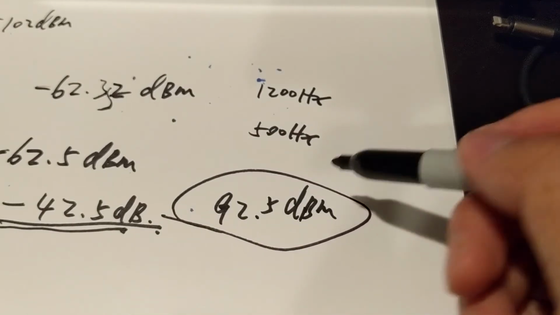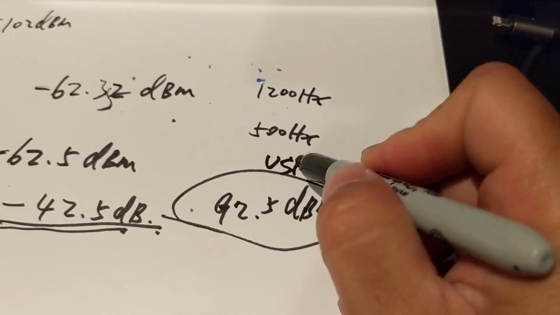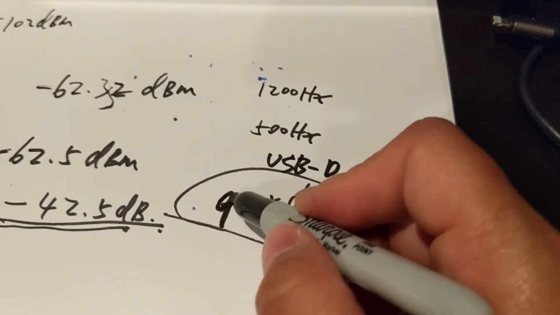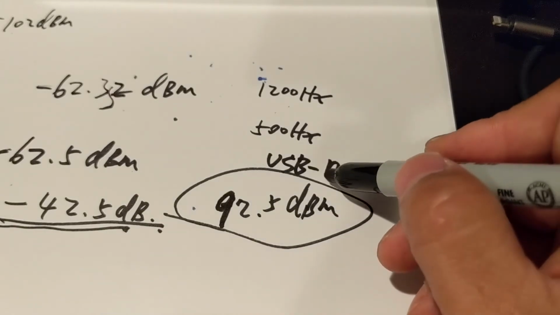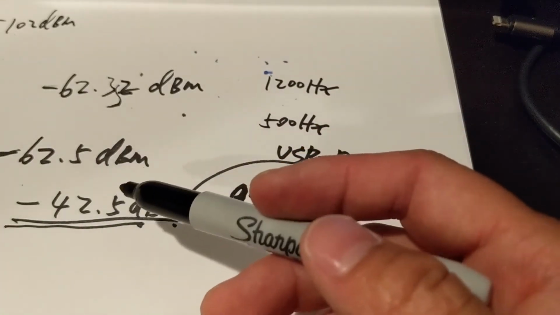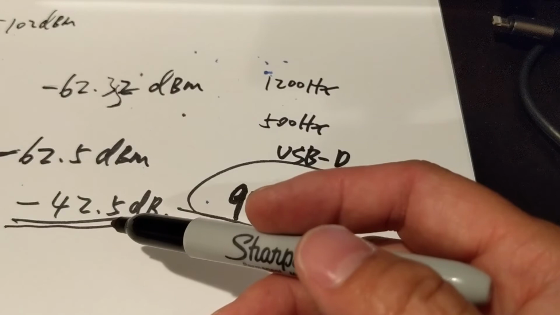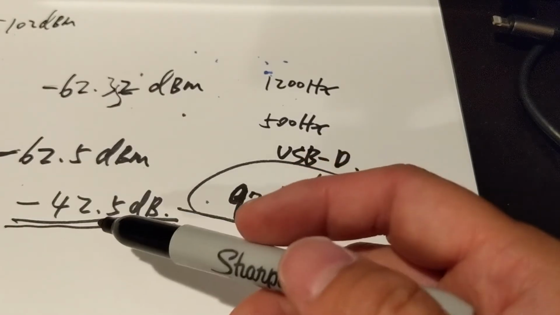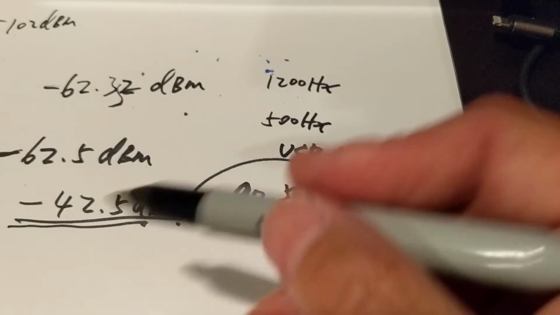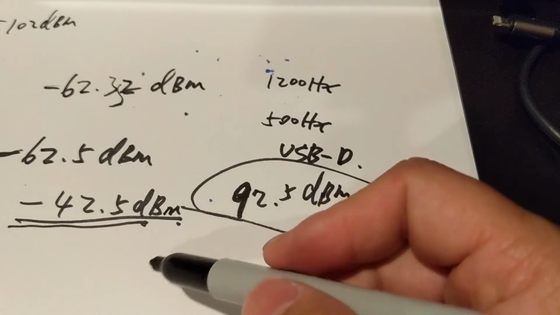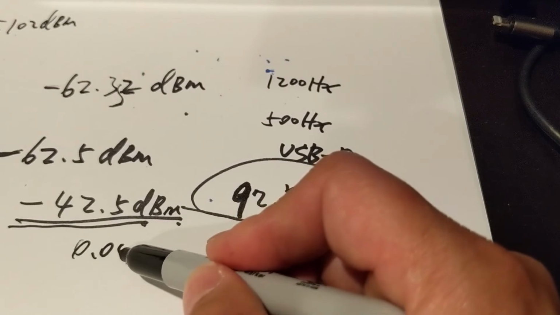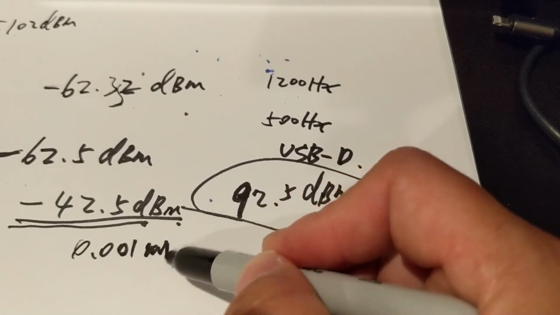I don't know, in the USB-D mode, this kind of attenuation loss is crazy. Basically, I'm sending 100 watts out, and the actual power out is very minimal, less than 0.001 milliwatts.